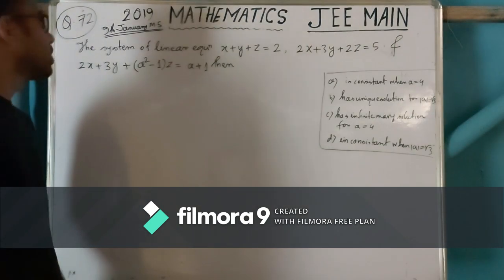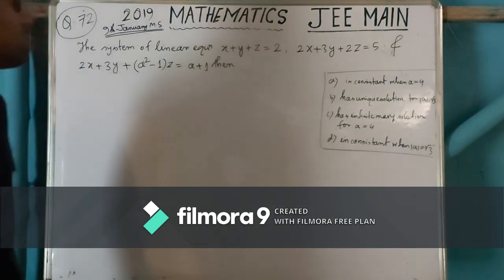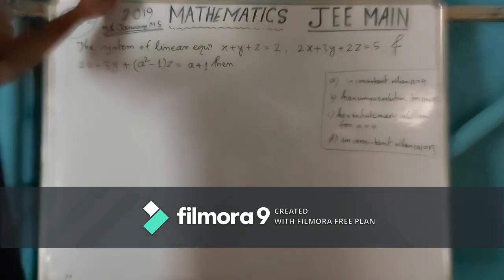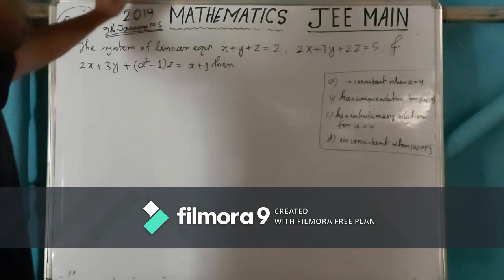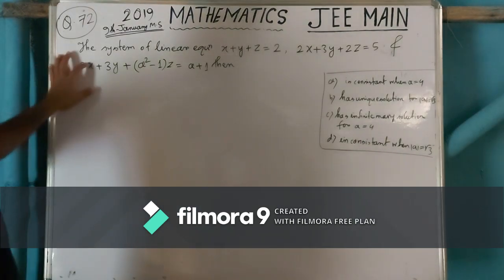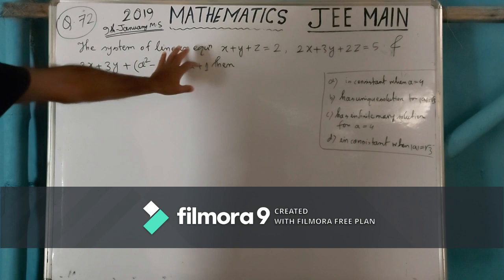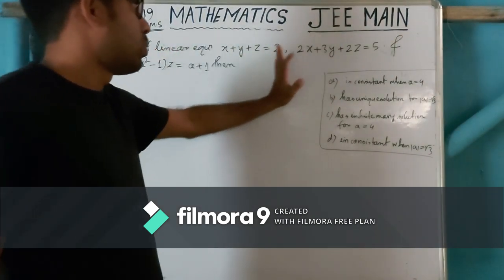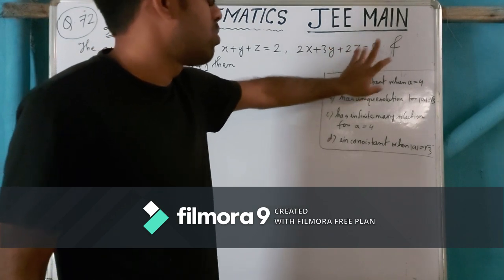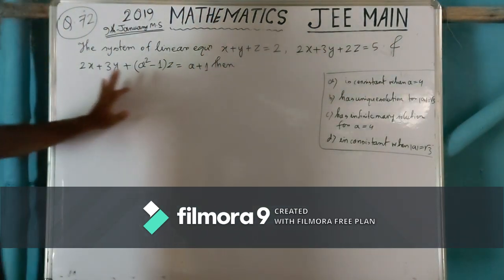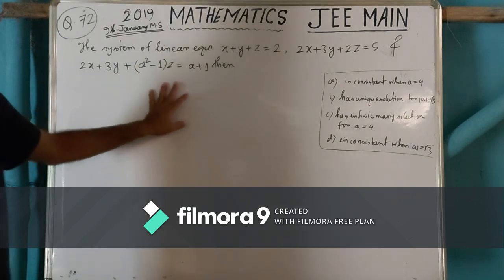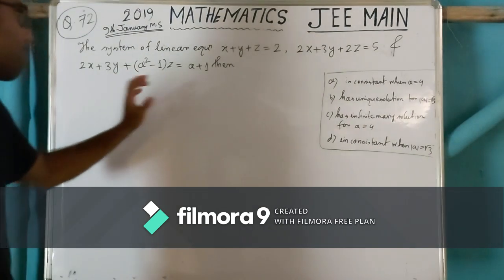This is question number 72, the second problem, which is JMS 2019 January morning shift. The question: the system of linear equations x plus y plus z equal to 2, 2x plus 3y plus 2z equal to 5, and 2x plus 3y plus (a squared minus 1) into z equal to a plus 1.